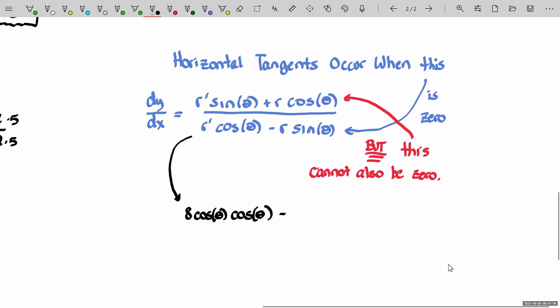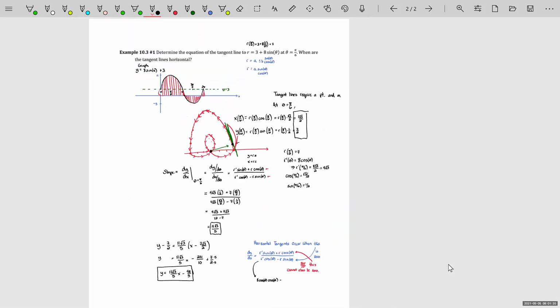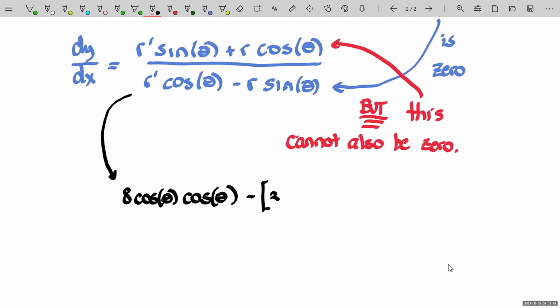R, on the other hand, is 3 plus 8 sine of theta. So you do have to remember that R is a function, and you have to use that function value. And you want this to be 0.